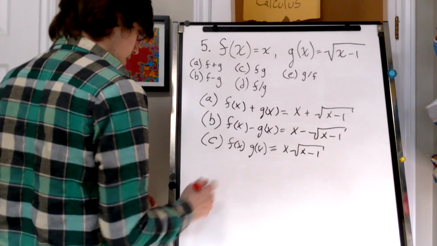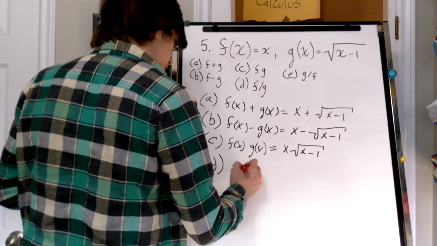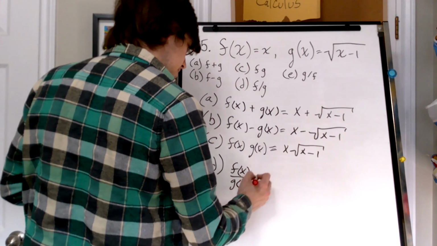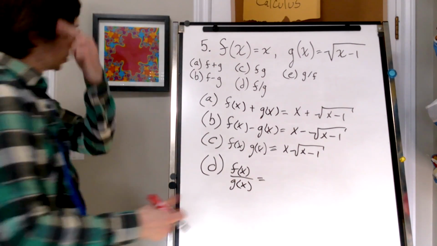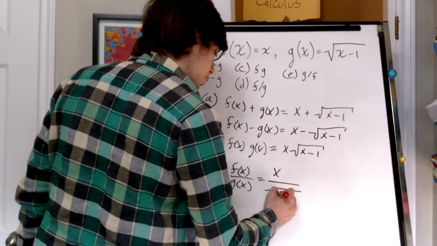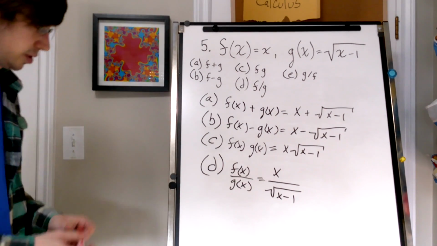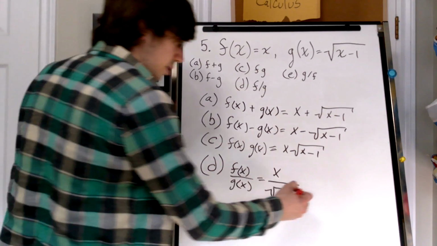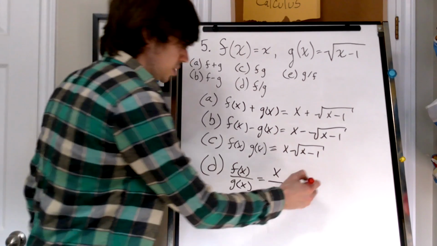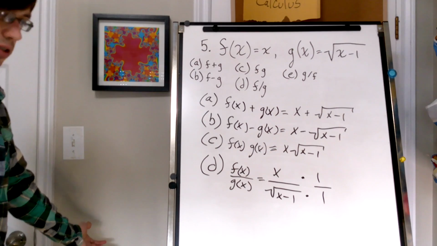All right, D. F of x divided by g of x. Okay, well that's x. And that is the square root of x minus 1. Typically, we do not like to have a square root in the denominator. So what we can do is we could times both sides by 1, because that doesn't change anything.